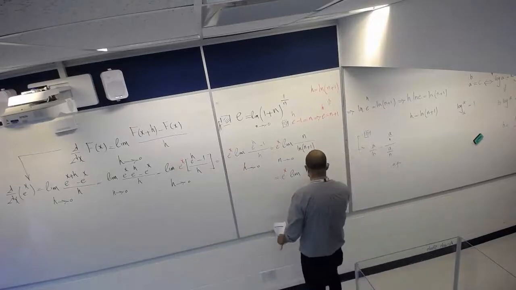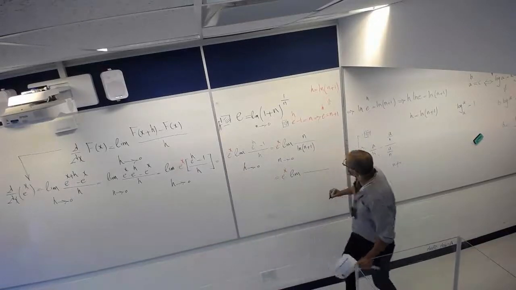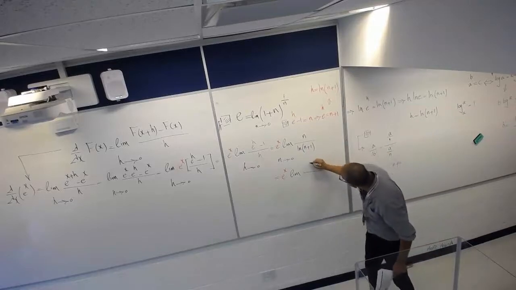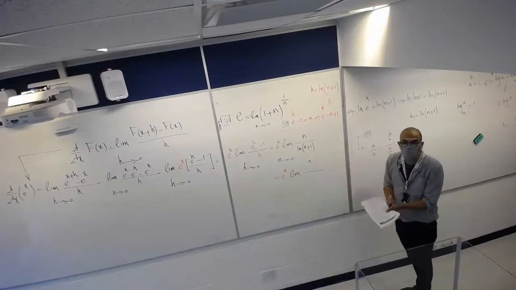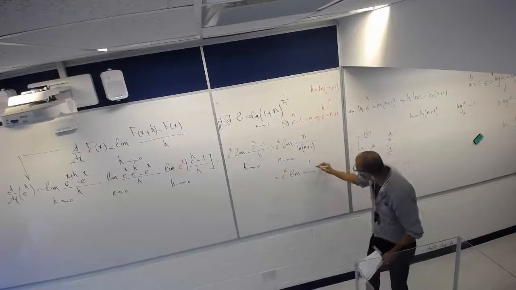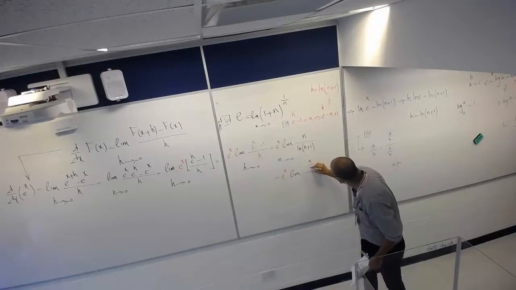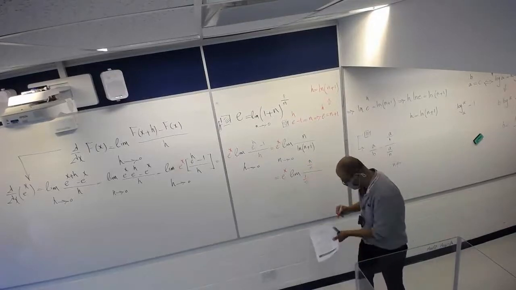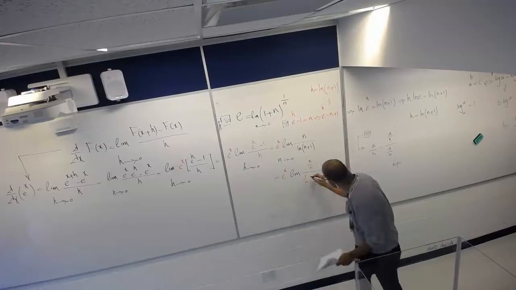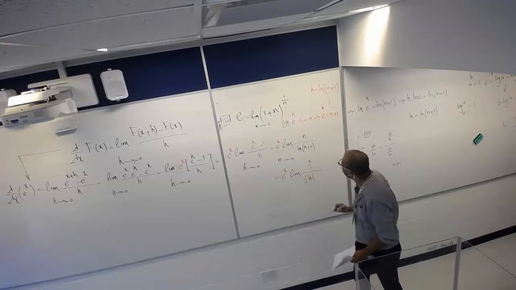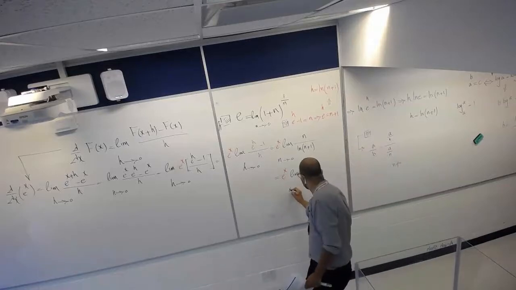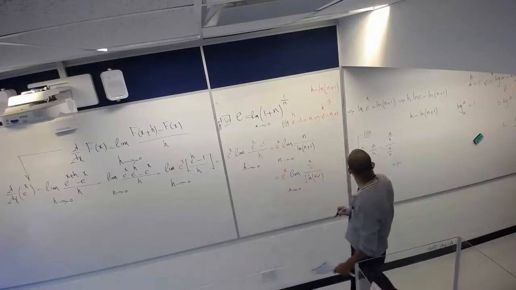Now, look at this one. I have n. Then what do I do? I divide both sides by n. Then I have 1 over n times ln of n plus 1. I know that n is going to 0.